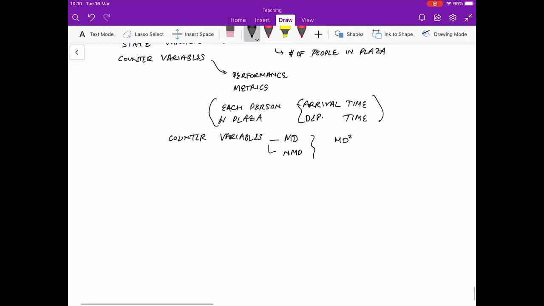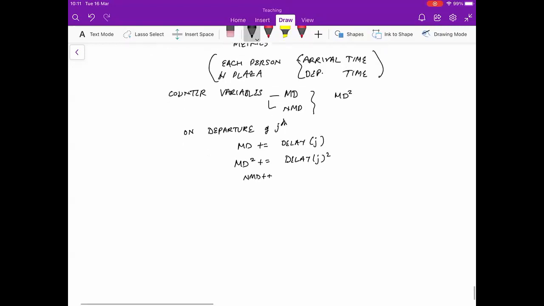And just to be very clear, on departure, you're going to say MD plus equals the delay of, let's say, the jth customer, delay J, and then you're going to do the sum of squares plus equals delay J squared, and then NMD plus equals 1.